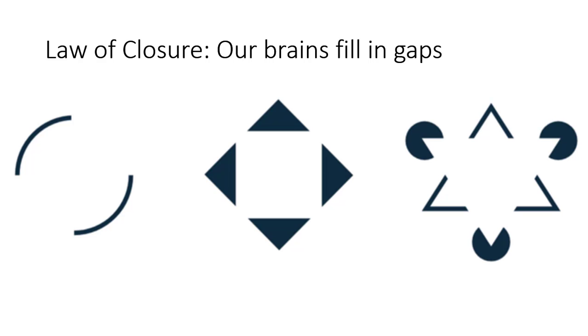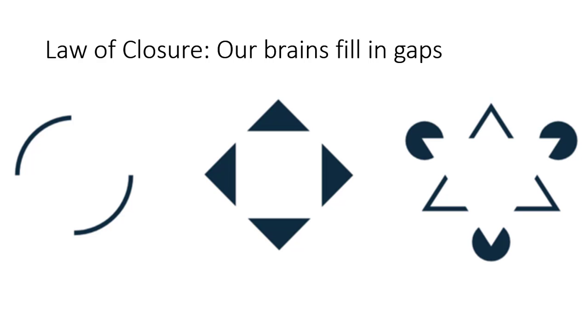Now, the white square in the middle is really just inferred from the positioning of the objects on the outside, the black ones. And for that matter, the objects on the outside are not really a square. They're really just a series of four triangles. But positioned in this way, our brains fill it in and interpret this as there being two squares, a white square and a black square.